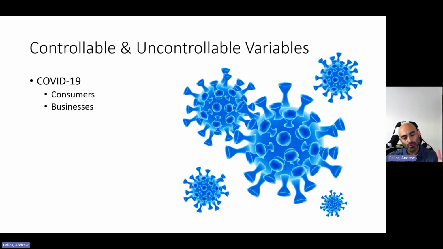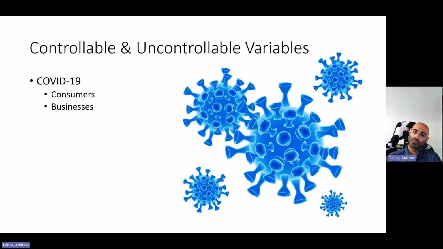It wasn't controllable by any of us, any businesses. However, it had a huge effect on marketing. What businesses survived, what businesses did not survive. There are still impacts of the COVID-19 pandemic to this day when it comes to businesses and marketing. Some businesses are just thriving because of this, and some are not.